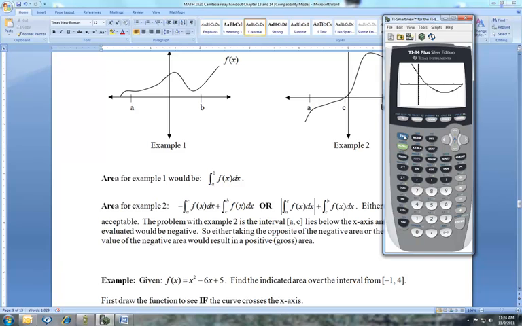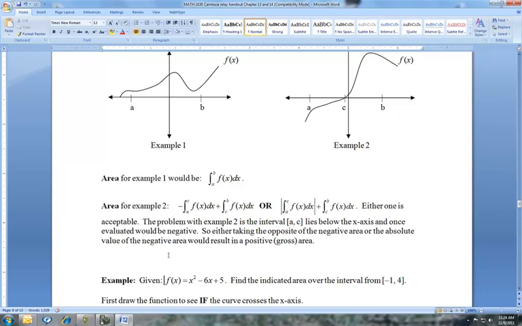Let's go find our 0. Second trace for the calc menu, number 2. So left bound 0, right bound 2. I don't guess. Alright, so from -1 to 1 we're okay, but from 1 to 4 we have to fix it in one of those 3 ways. So first draw the function to see if it crosses.